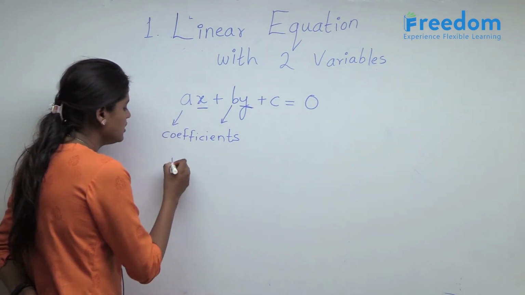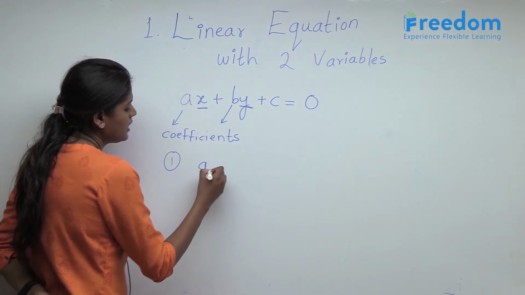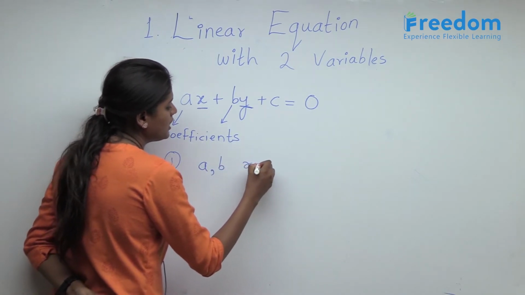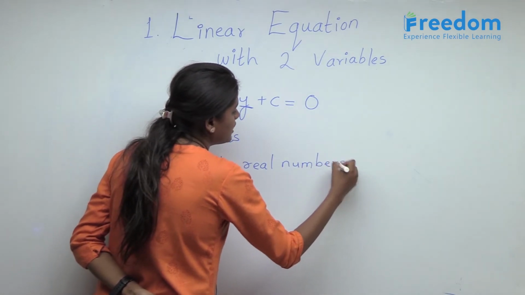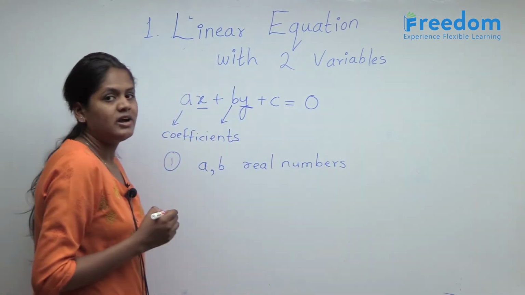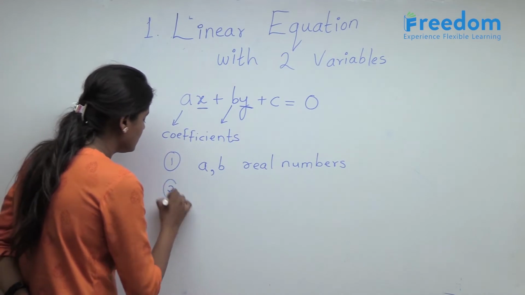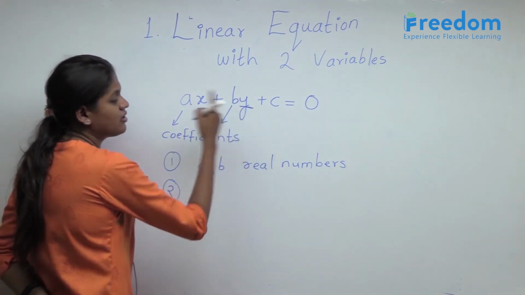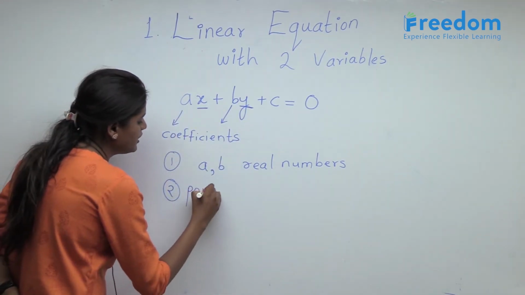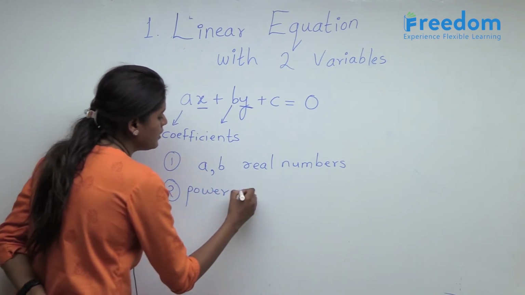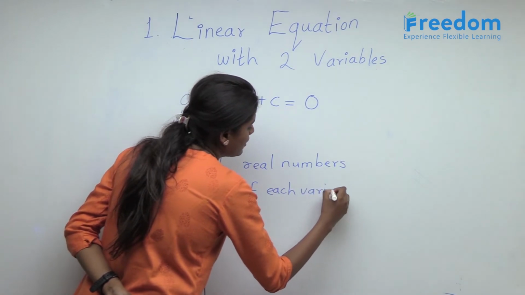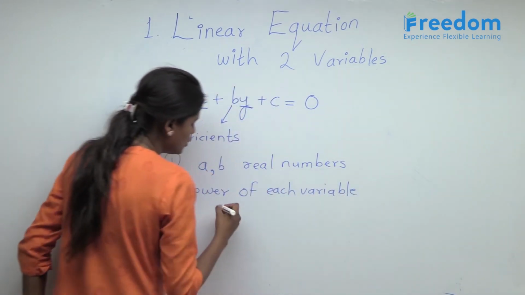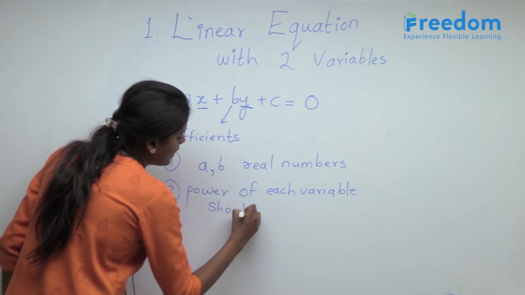First rule, a comma b should be real numbers. Second, the power of each variable term should be 1.